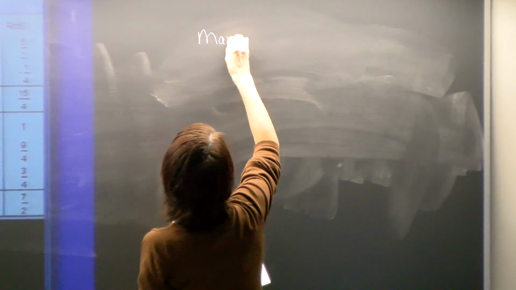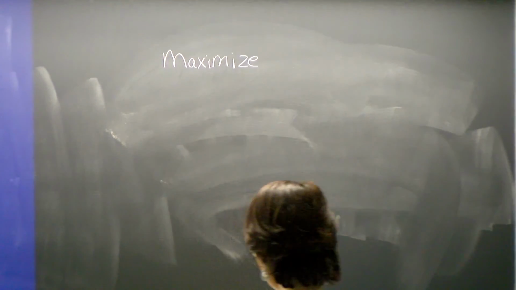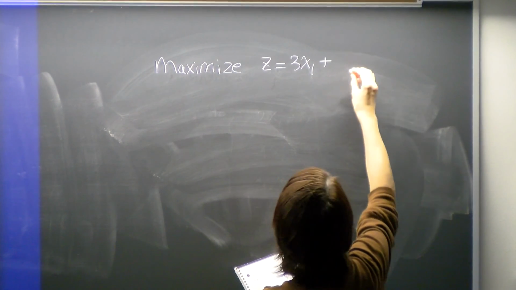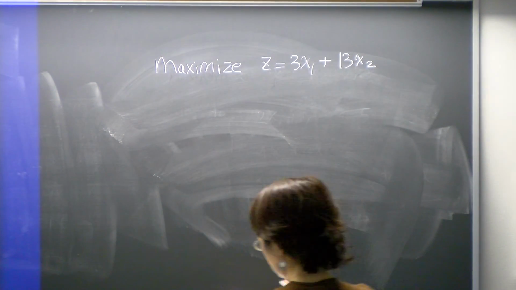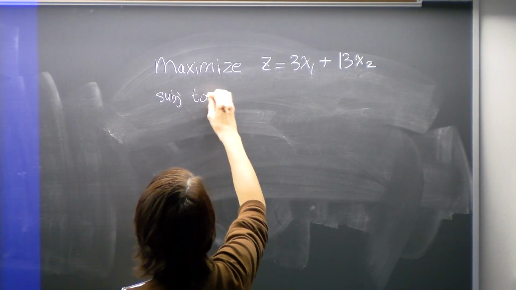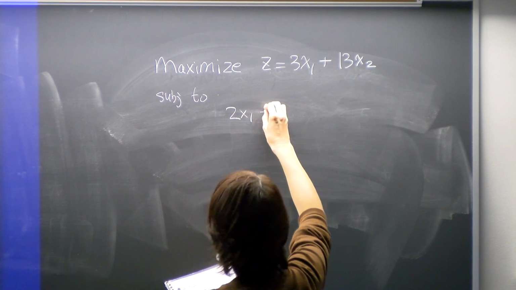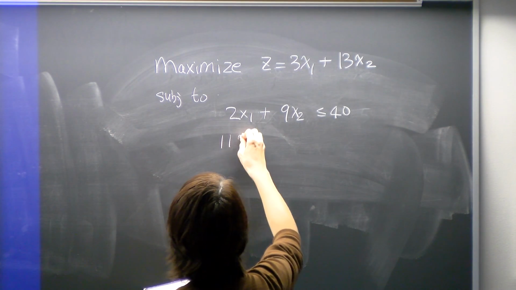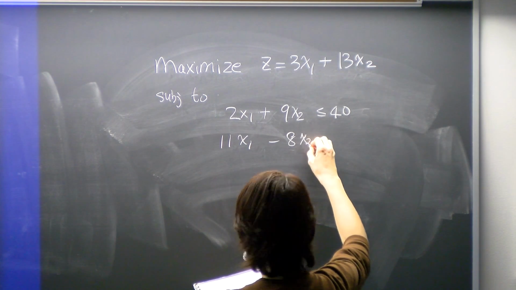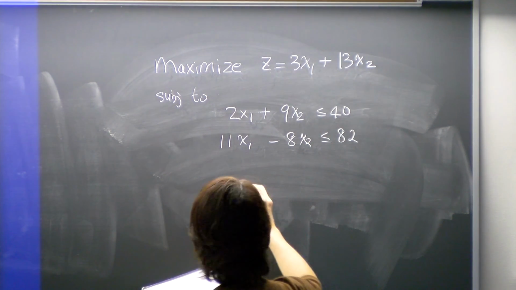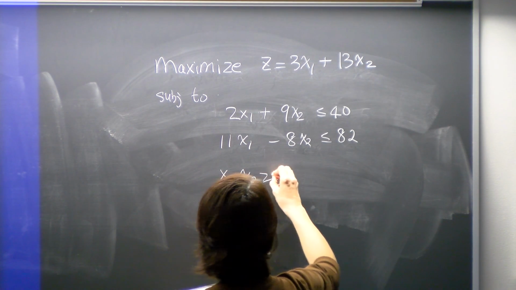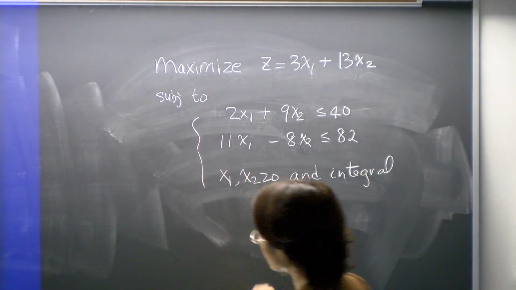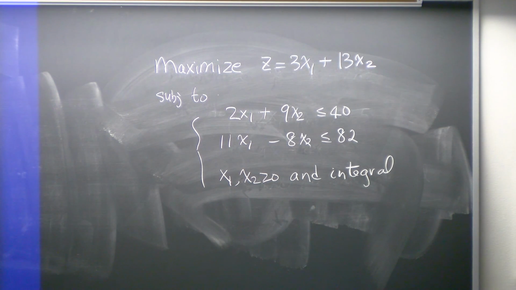So maximize z = 3x1 + 13x2 subject to 2x1 plus ... All right, still a small one, just 2 unknowns and 2 constraints.